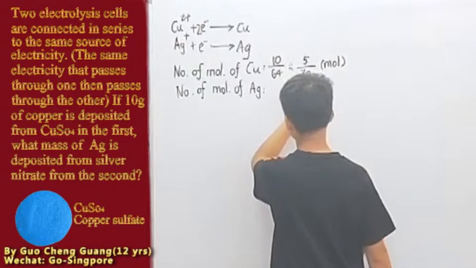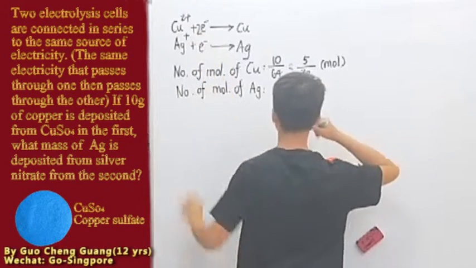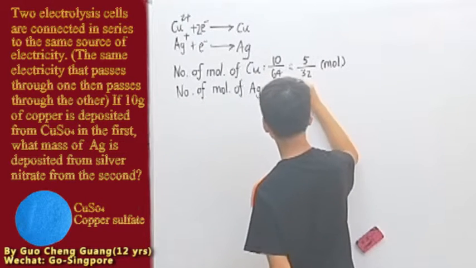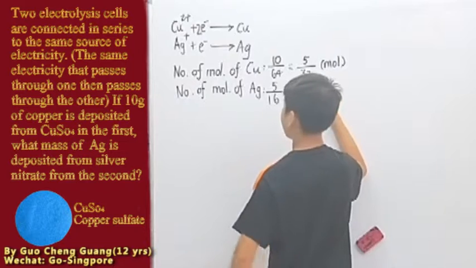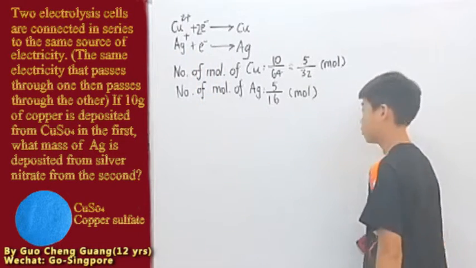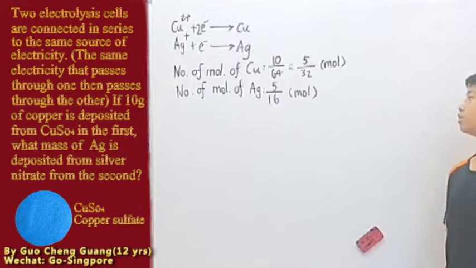So you just need this part times 2, because for these 2 electrons, you get 5 over 16 moles. And for this part, it's just 1 electron to 1 silver. So that's how you get the number of moles of silver.